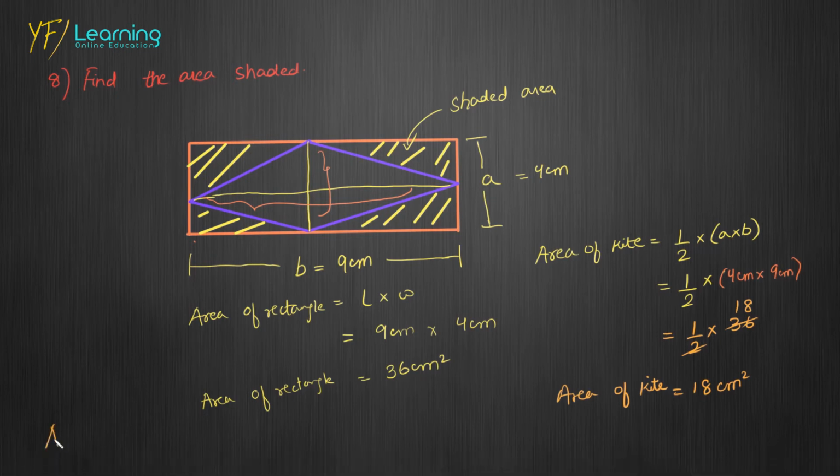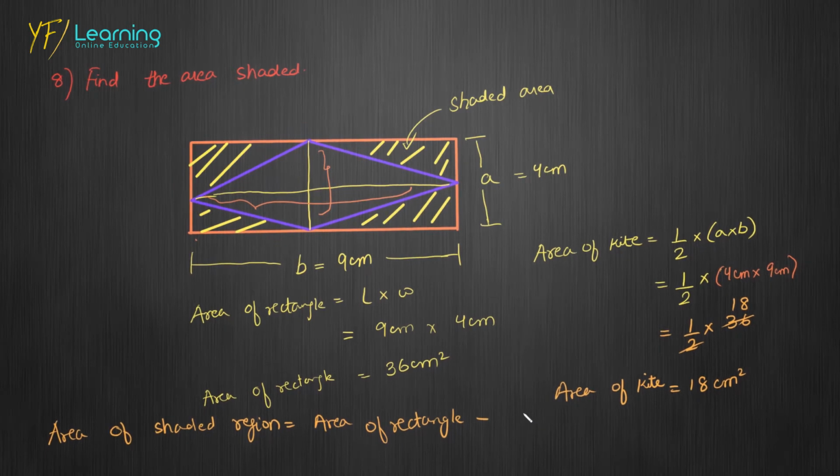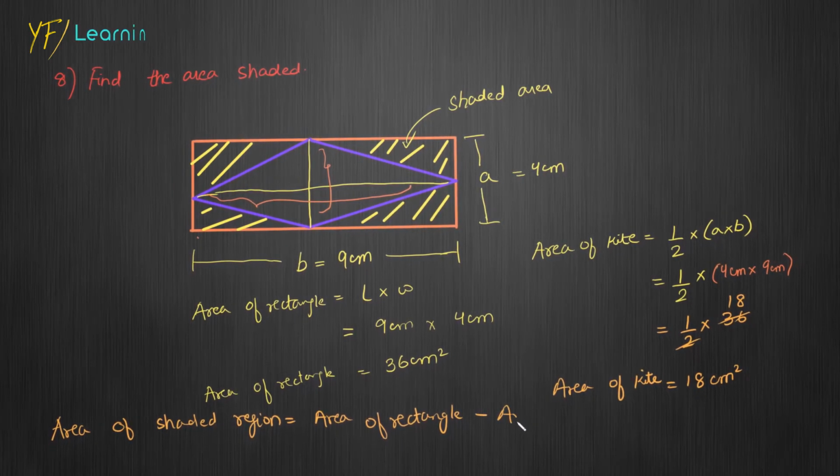Now let's find out the area of shaded region. So area of shaded region is equal to area of rectangle minus area of kite.